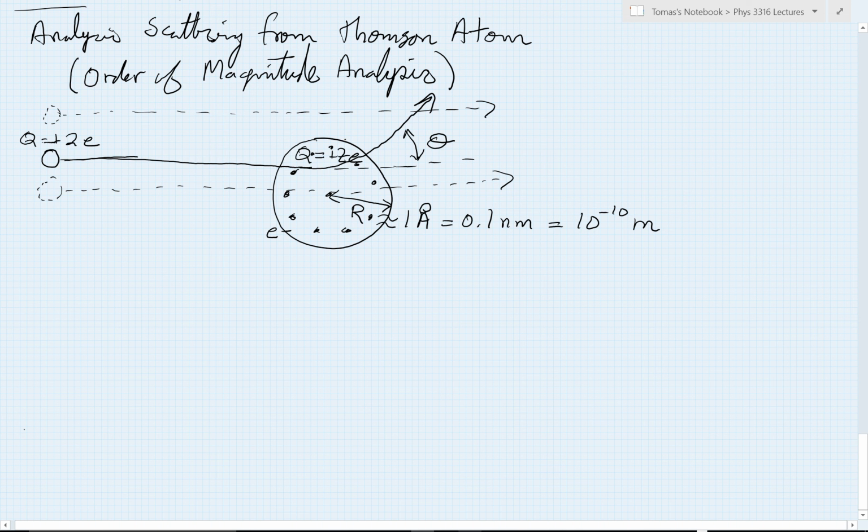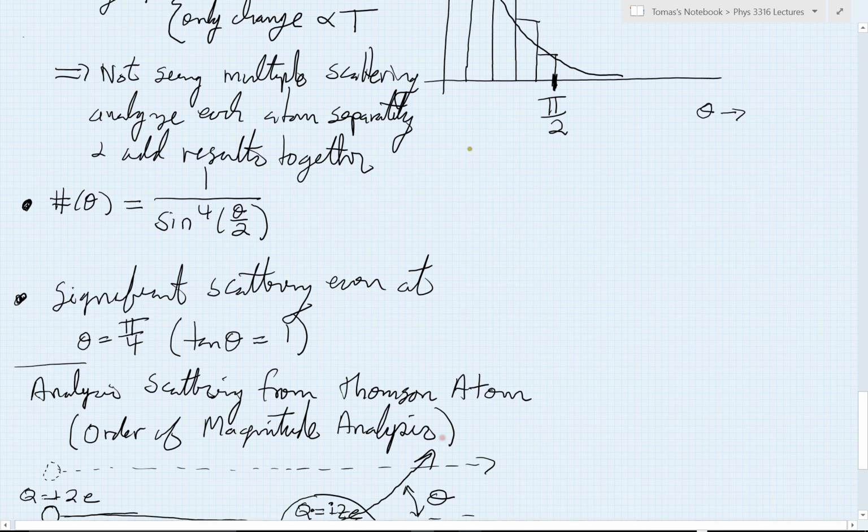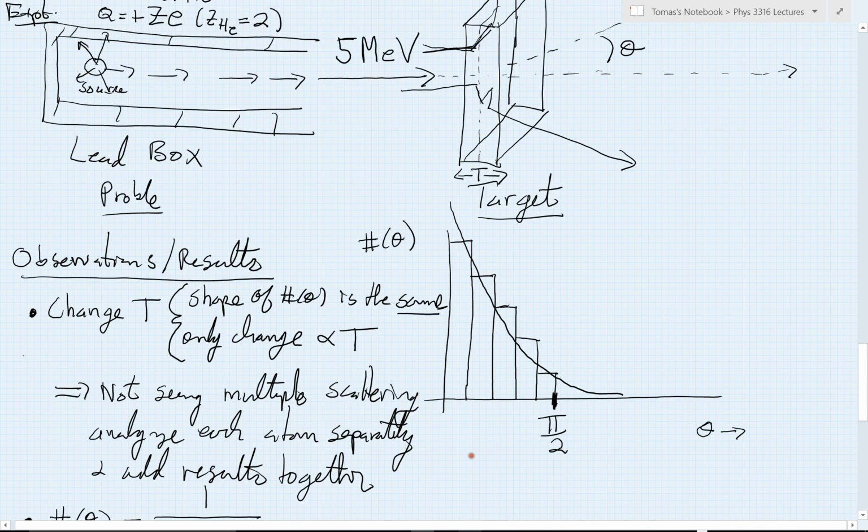Well, one thing that very quickly rules out the hard sphere possibility is the fact that I do not have multiple scattering events, as we had just discussed.